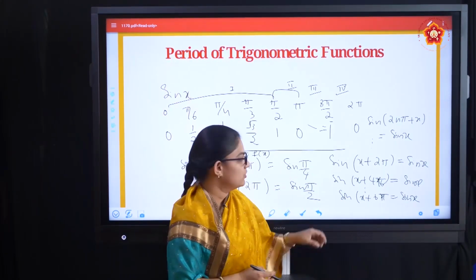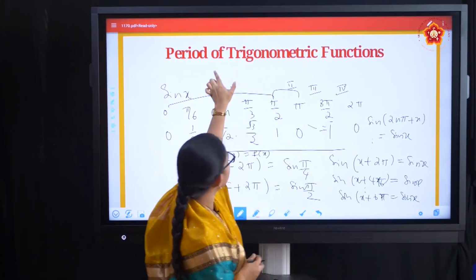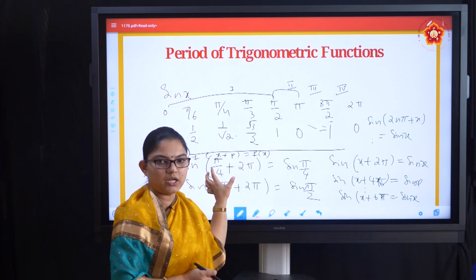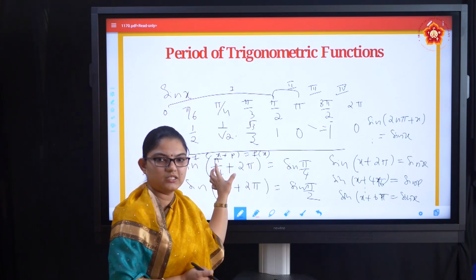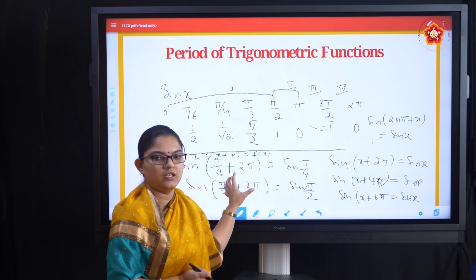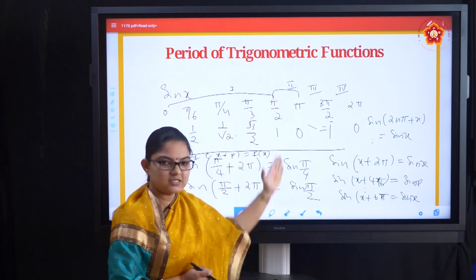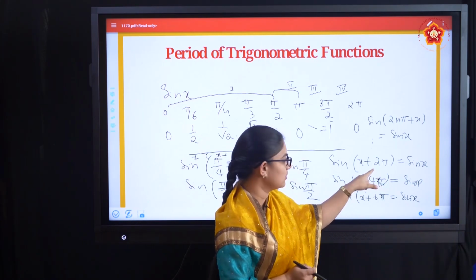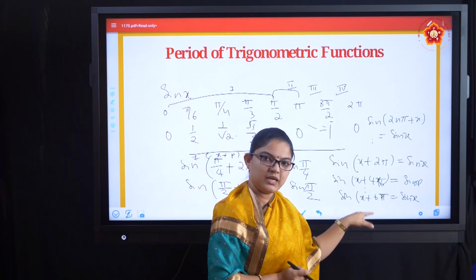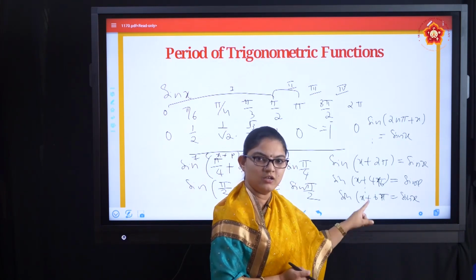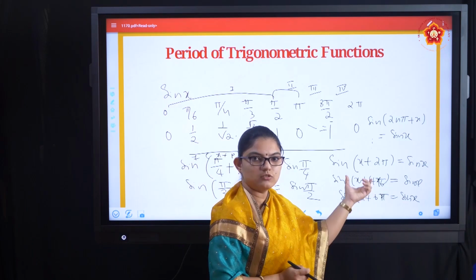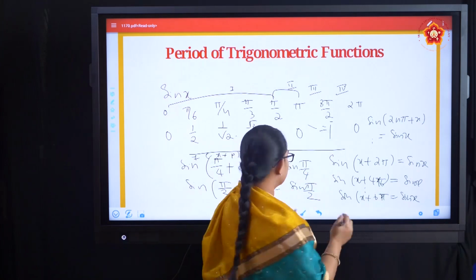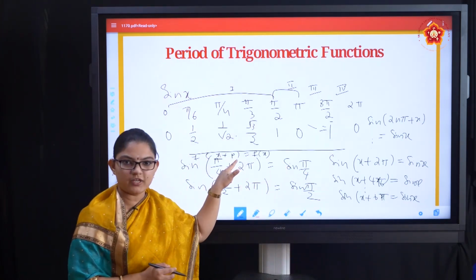Now, what we have to do is find the period of the sine function. So what is the property of the period? p should be a real number, it should be positive, and it should be the smallest of all such constants. So here 2 pi satisfies that, and also 4 pi, 6 pi, 8 pi, etc. If we want we can consider the negative values also, minus 2 pi, minus 4 pi, minus 6 pi, which also satisfy f of x plus p is equal to f of x.